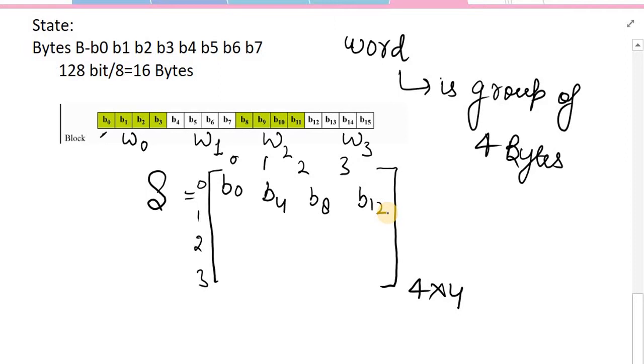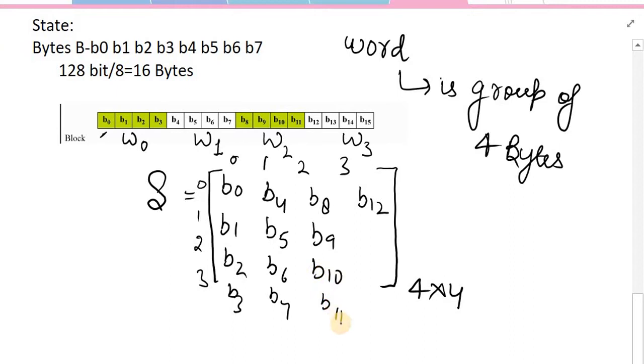In the simplest way, you can fill it using the sequential order, like B0, B1, B2 and B3, then B4, B5, B6, B7, and so on. In this way you can represent all of the block values, in terms of bytes, in the form of state representation.